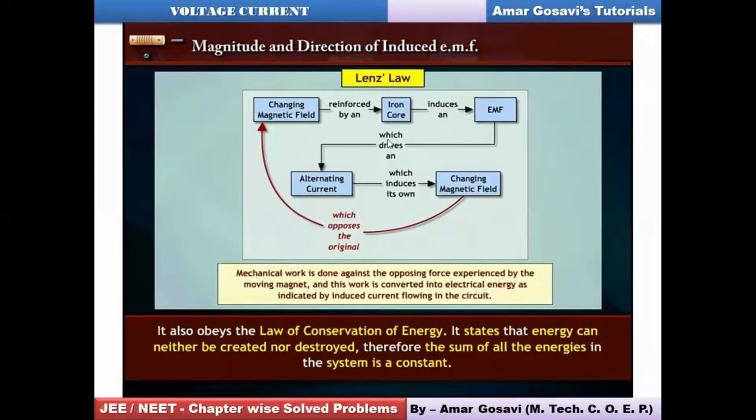This induced EMF drives alternating current, which induces its own magnetic field, and this magnetic field opposes the changing magnetic field which created it. So in simple words, mechanical work is done against the opposing force experienced by the moving magnet, and this work is converted into electrical energy. Please make a note of it. Very, very important slide.